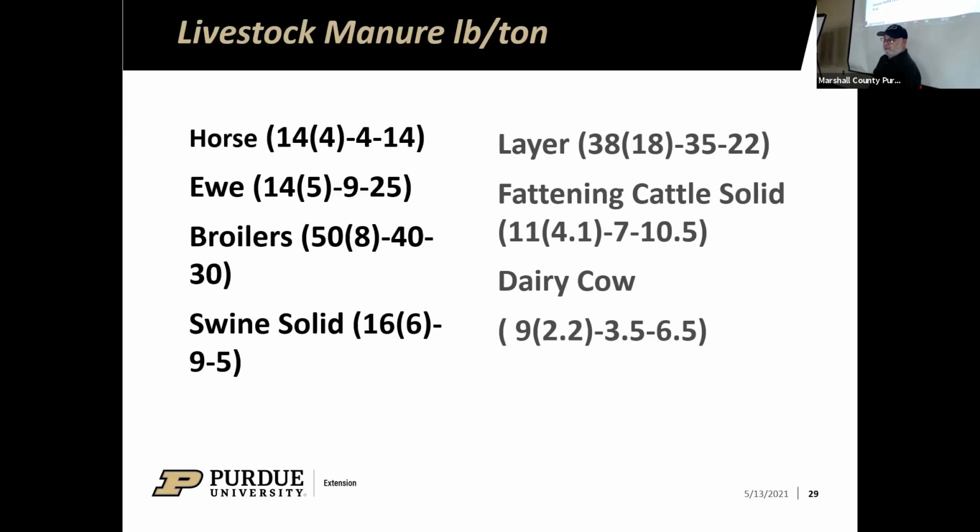So I like my sheep manure because it's more of a balanced fertilizer, because we know we use more potassium than we use phosphorus. So horse manure is good too as well.